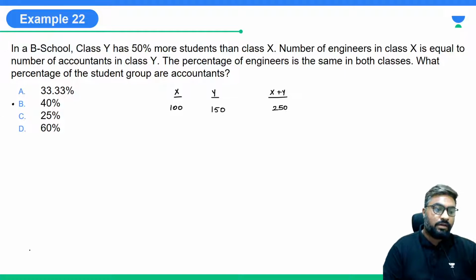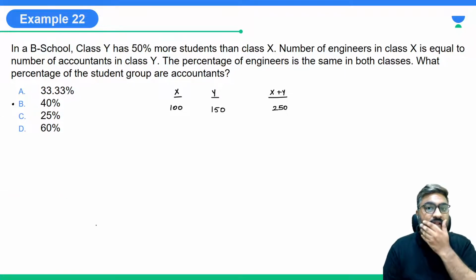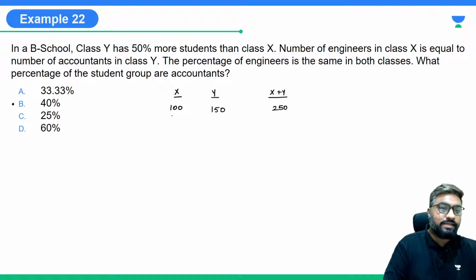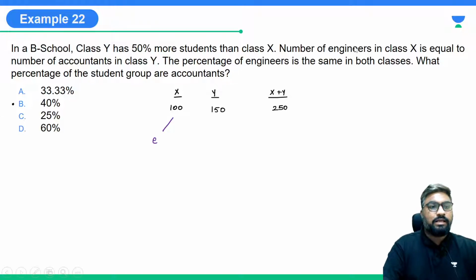Okay. Now what are they saying? They're saying that the number of engineers in class X, let's say is E, is equal to the number of accountants in class Y. Accountants, engineers. So the number of accountants here will be 100 minus E and number of engineers here will be 150 minus E. Correct?